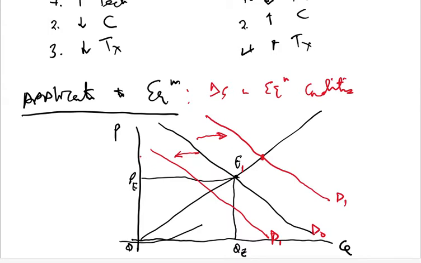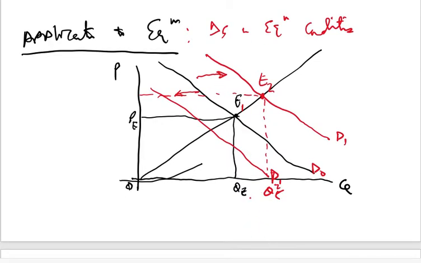So something like this. So at E2 we have equilibrium quantity 2 as well.